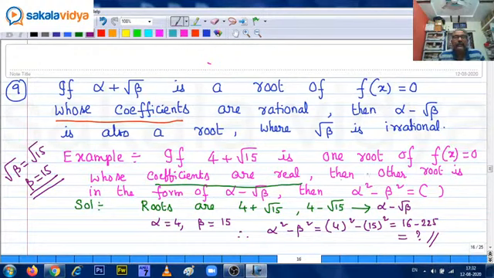The other root is in the form of alpha minus root beta, 4 minus root 15. Comparing, alpha is equal to 4, root beta is root 15, beta becomes 15. Yes, minus 209 is the answer. Everybody will get confused, definitely. Everybody will write the answer 1, but answer 1 is incorrect.